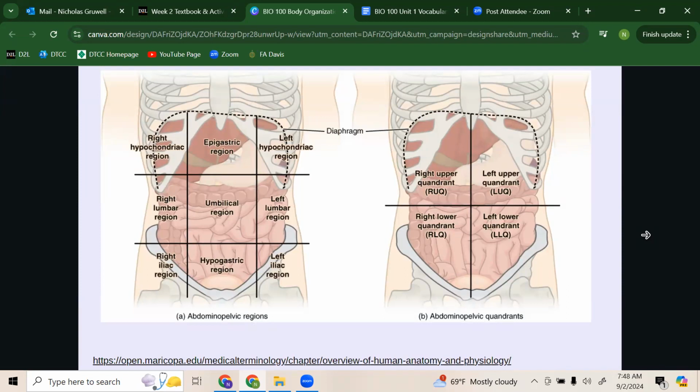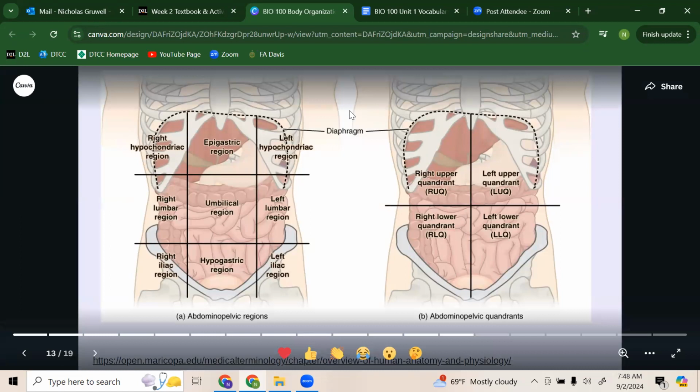Okay, so our abdominopelvic regions and our abdominopelvic quadrants. Remember, it shows this dotted line as our diaphragm. That is our dividing line between our thoracic cavity and our abdominopelvic cavity. There are two different ways that we discuss these, regions and quadrants.